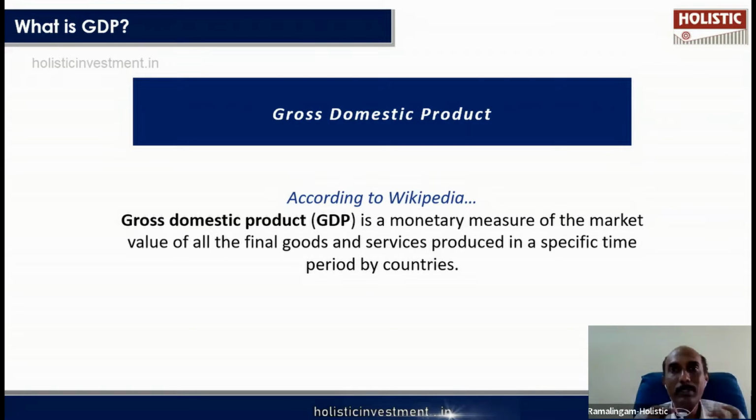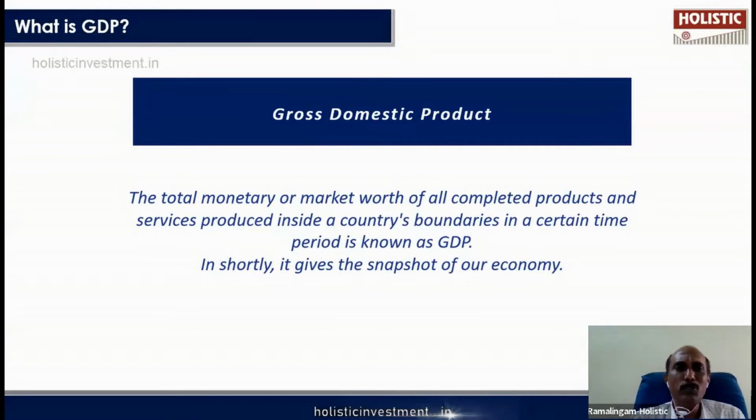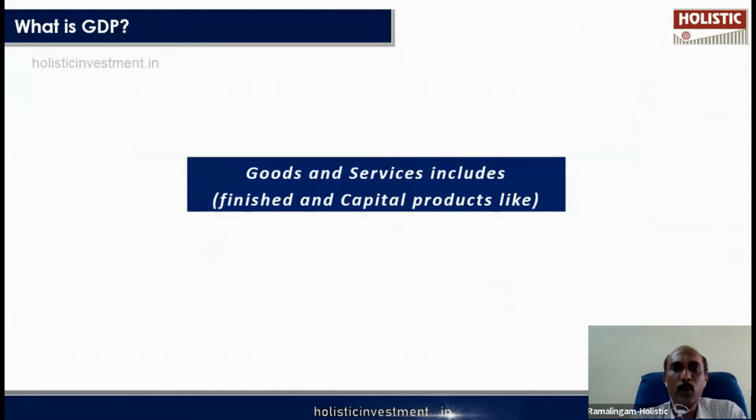That valuation is the measure for GDP. It is the total monetary or market worth of all completed products and services produced inside a country's boundaries in a certain time period. In short, it gives a snapshot of our economy.